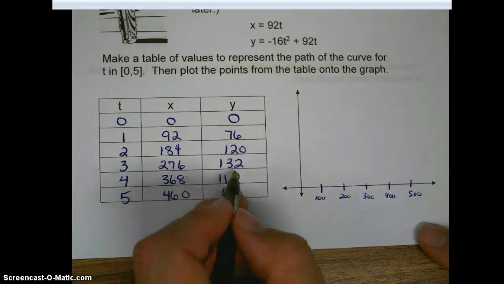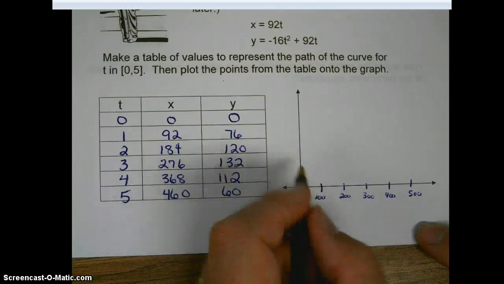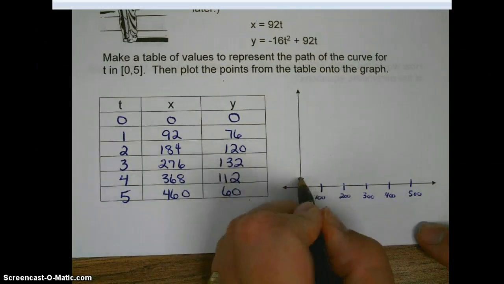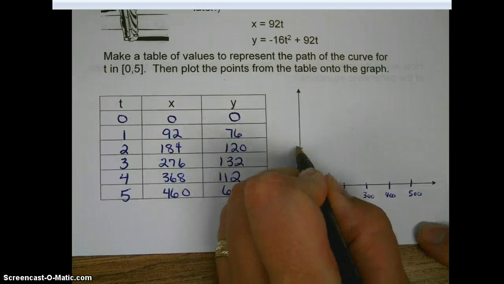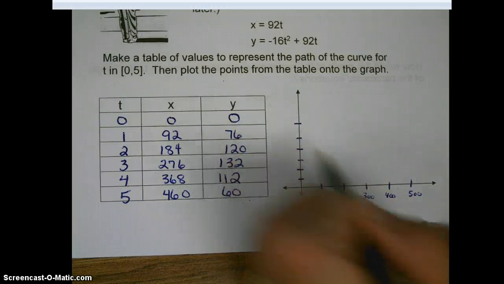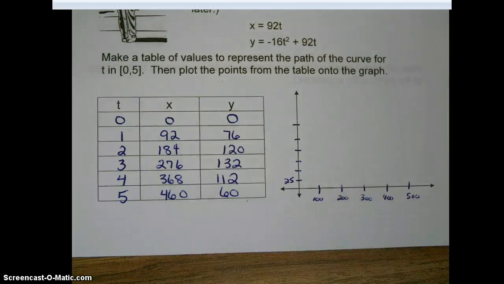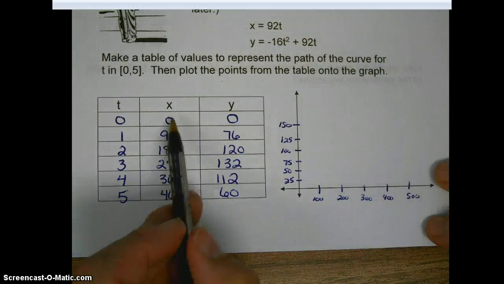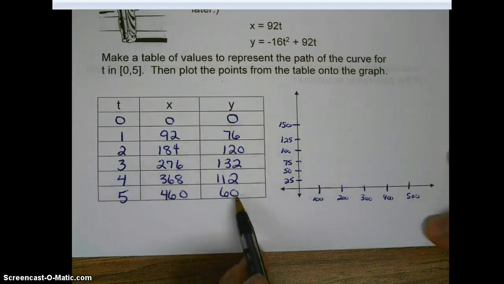So let's go to 150. And let's go by 25s: 25, 50, 75, 100, 125, 150. So we made a scale for x and we made a scale for y.